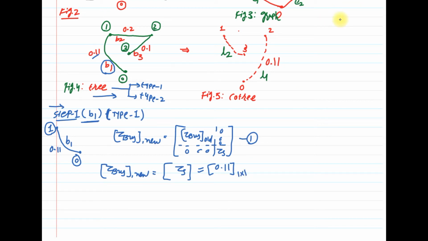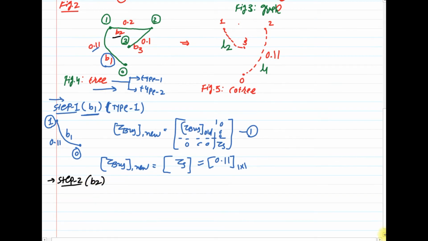Now next we will move further for second element, say for B2. So let us call it step number 2, or a second modification for the second element of tree branch, which is B2.